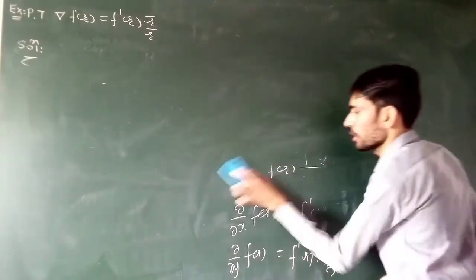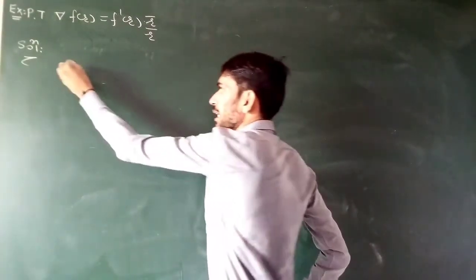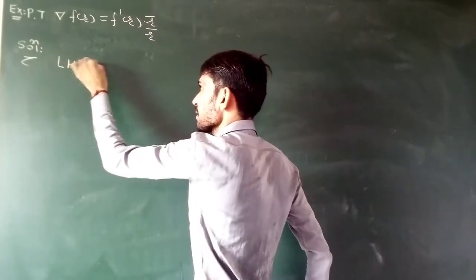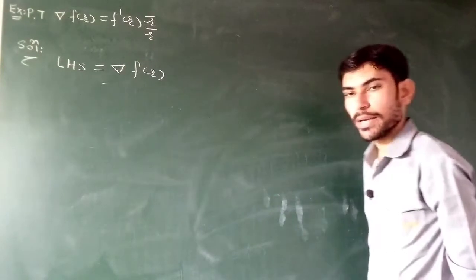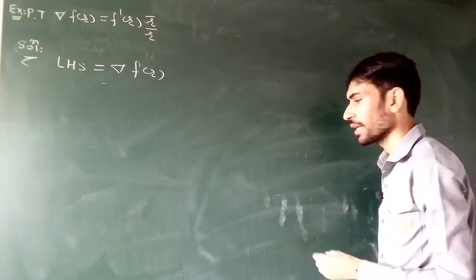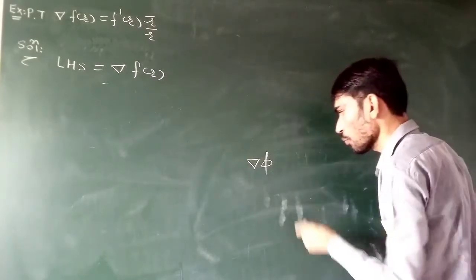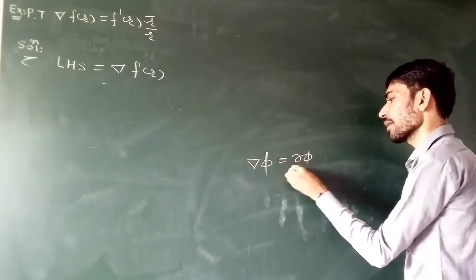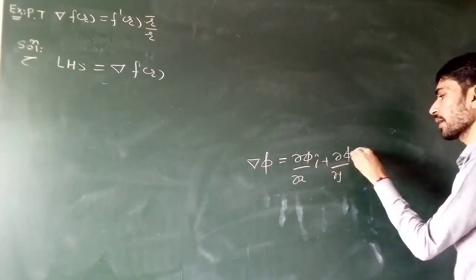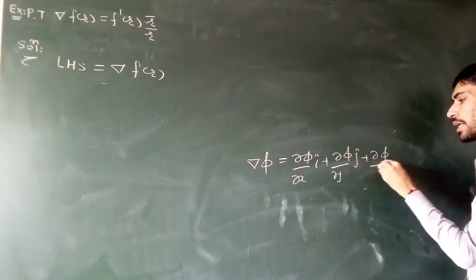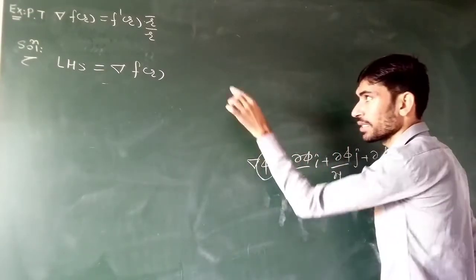So let's see solution of this. So here we start our proof with the LHS side. In LHS we have given gradient of function f of r. So here we just apply the formula of the gradient. As we know, formula of the gradient, જ્યારે ફંક્શન આપણું phi હોય ત્યારે આપણે ફોર્મ્યુલા કઈ રીતે ડિફાઇન કરેલી હતી? del phi by del x i cap plus del phi by del y into j cap plus del phi by del z into k cap. આપણા કેસમાં phi ની જગ્યાએ કોણ આપેલ છે? f of r.